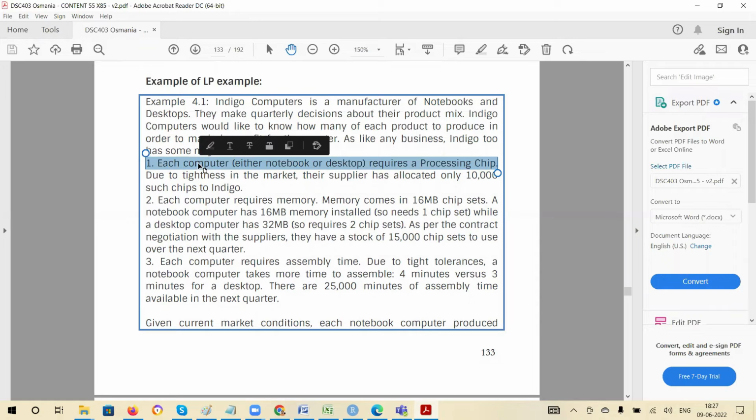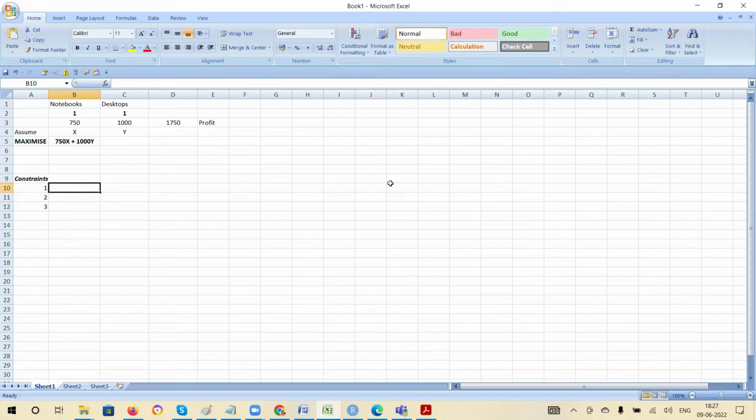Each computer requires one chip. So if you have X number of computers, you need X number of chips. If you have Y number of computers, you need Y chips.